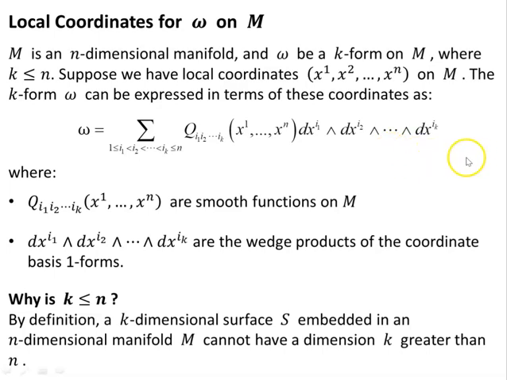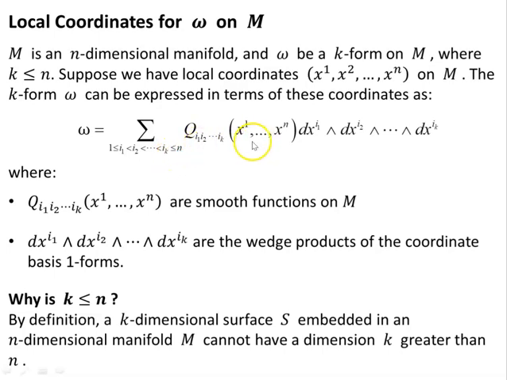And then there was another element, a Q of so many variables times the wedge product dz wedge dx. Okay, and you can see that you can have a linear combination of these. That's what the sigma is trying to get at.